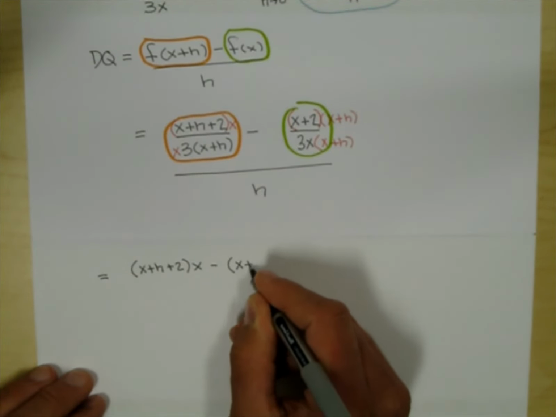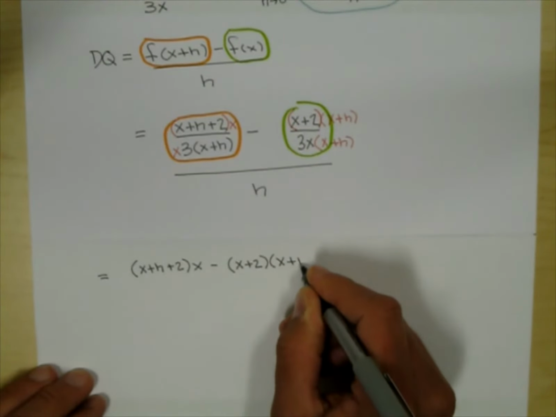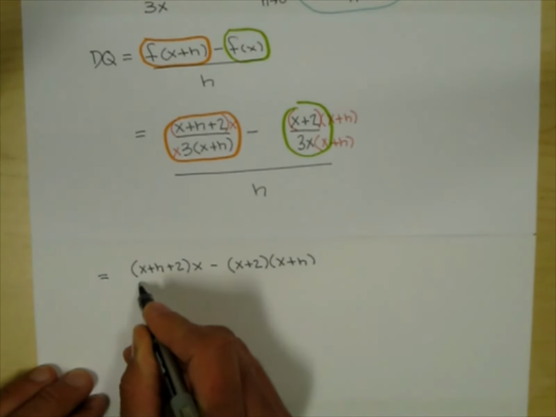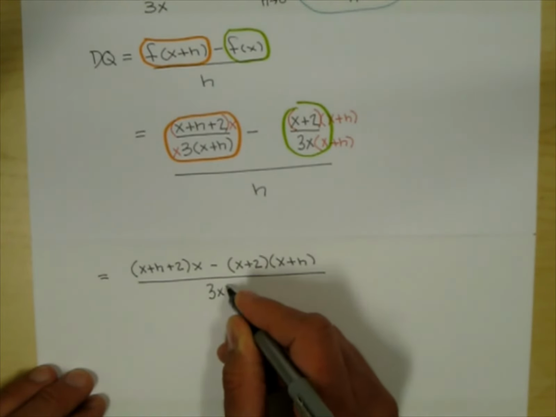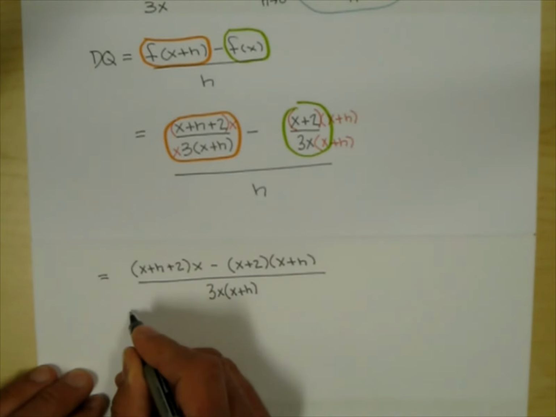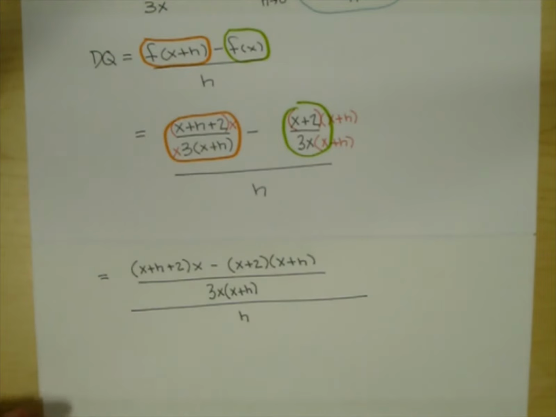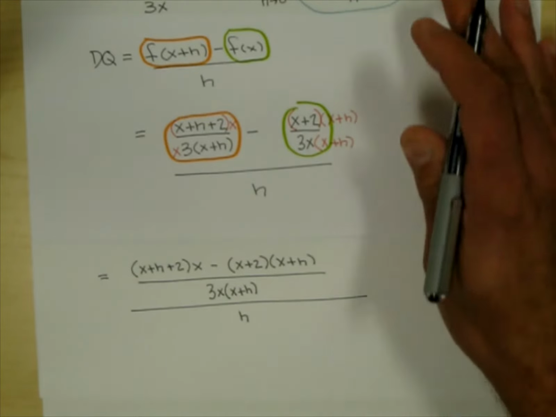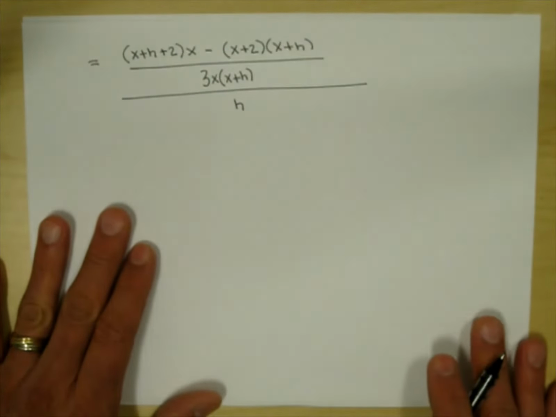So I have quantity x plus 2, times quantity x plus h. This is all over 3x times x plus h, all over h. Okay, so we're computing the difference quotient, and then we'll take a limit. That will be fairly simple. It's this computation that's a little bit trickier.